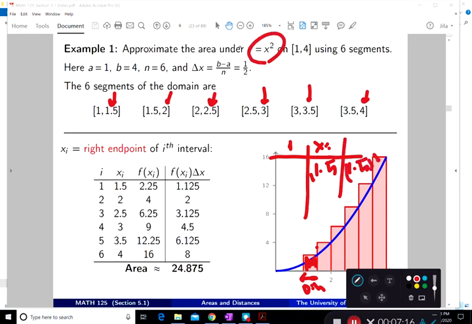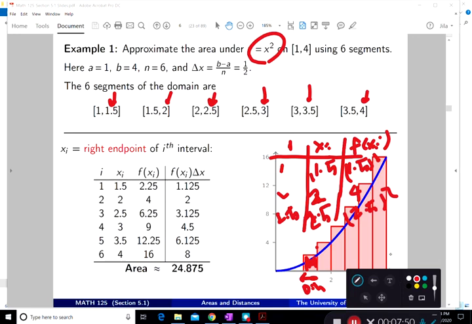Then the second interval ends at 2, and f of xi for that is 4. Then the third one ends at 2.5, and f for that one is 2.5 to the power 2, and so on and so forth.